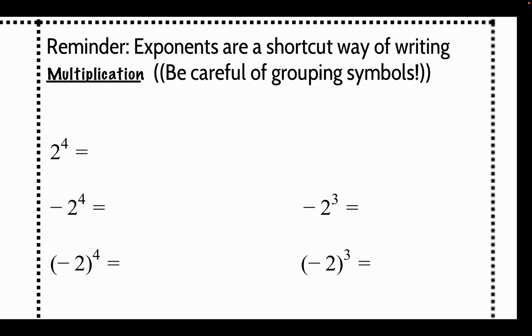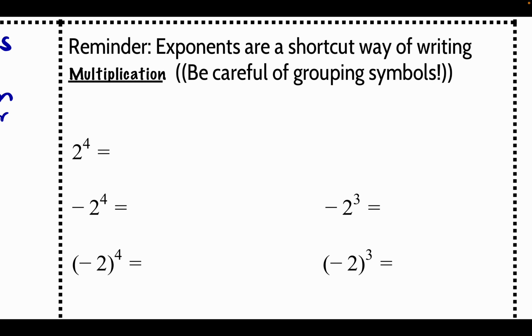So just a little bit reminder of exponents. Exponents are a shortcut way of writing multiplication. So when we're doing these problems, we have to be really careful of our grouping symbols. So 2 to the fourth, that is the same as saying 2 times 2 times 2 times 2.